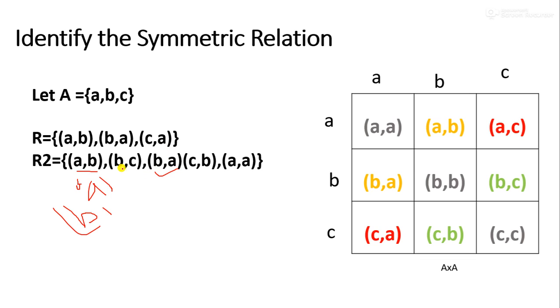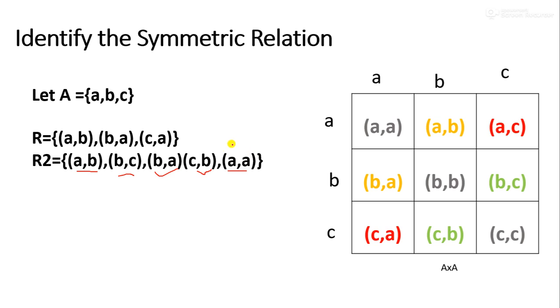We have another element, BC. The symmetry of BC is CB, and we have CB here. And we have another element AA.